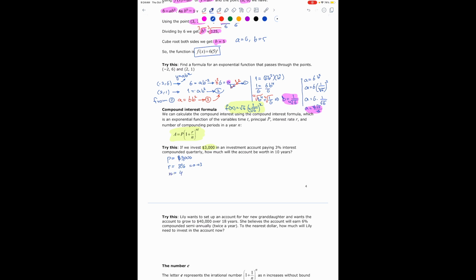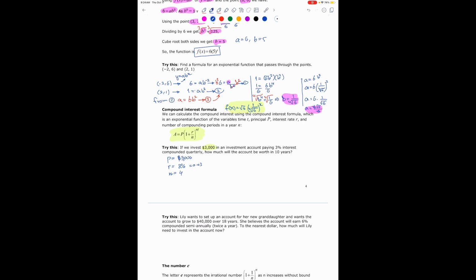If you compound this monthly, n is going to be 12. If you compound it weekly, n will be 52. If you compound it yearly, n is going to be 1. If you compound it quarterly, n is going to be 4. And if you compound it daily, n is going to be 365.